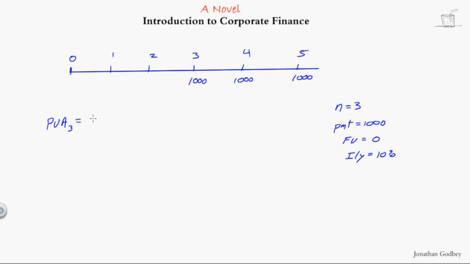So the calculator says, okay, $1,000 payment, and then I need to do 1 minus 1 over 1 plus the interest rate, which was 10%, raise it to the third power, divide by 10%, and I get 2,486.85.